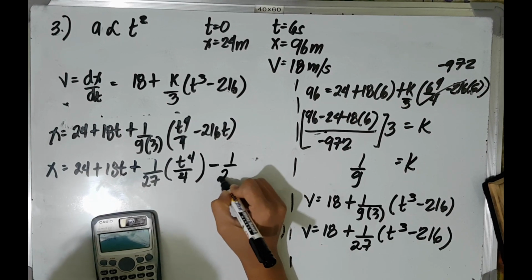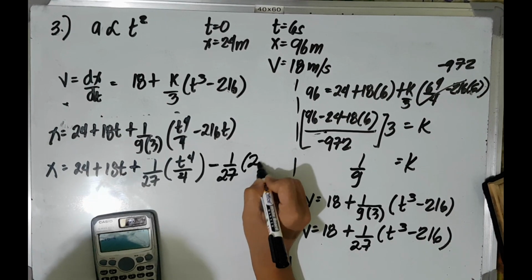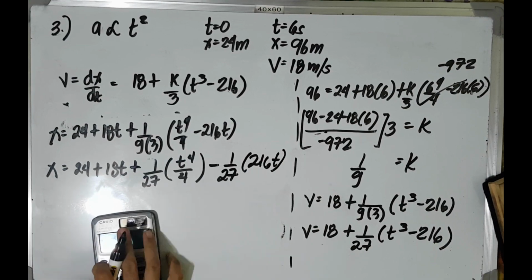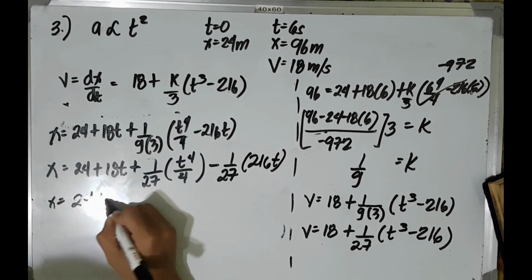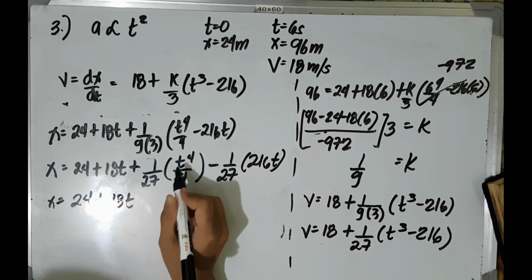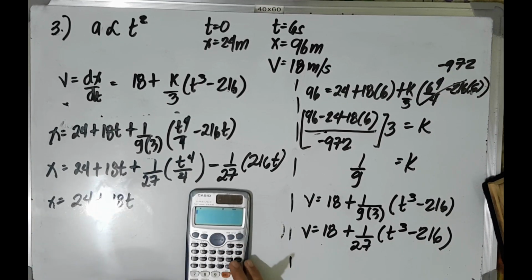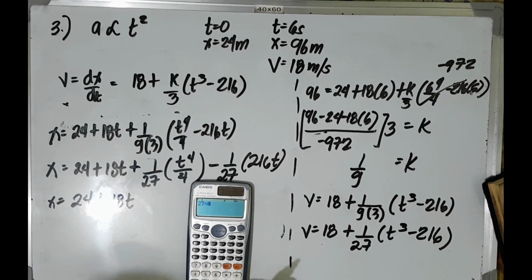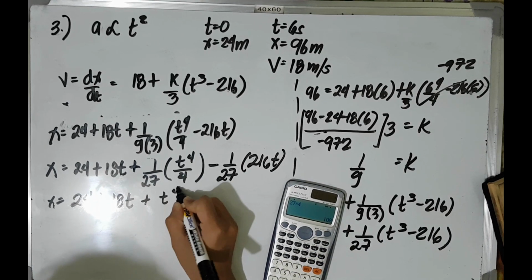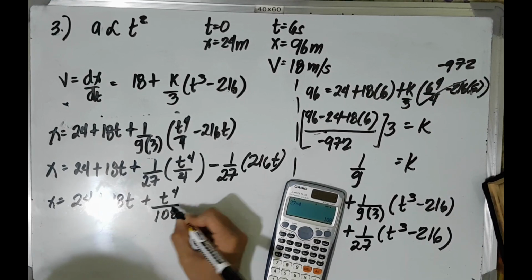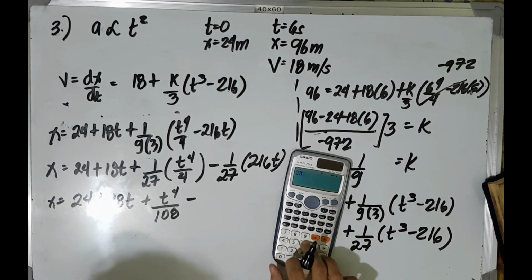Minus 1 all over 27 of 216 t. 24 plus 18t is equal to t raised to 4 divided by 108, and then minus 216 divided by 27, so 8 minus 8t.